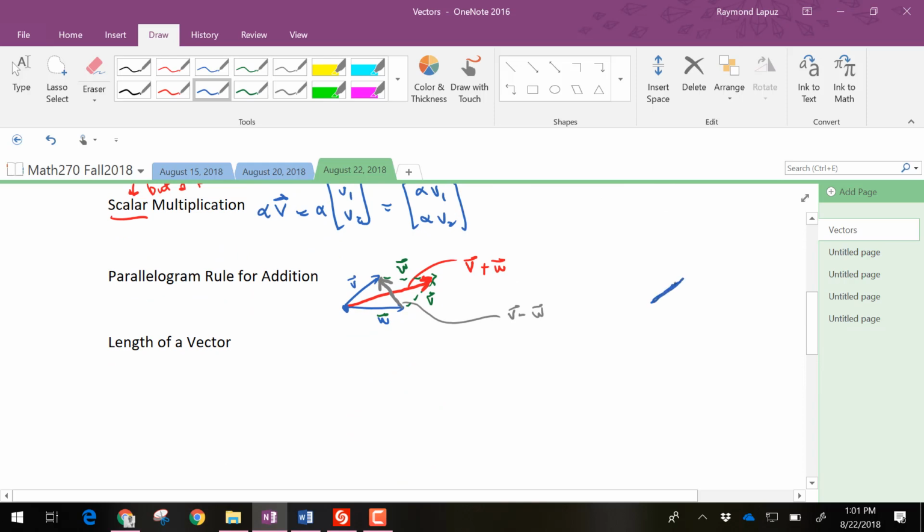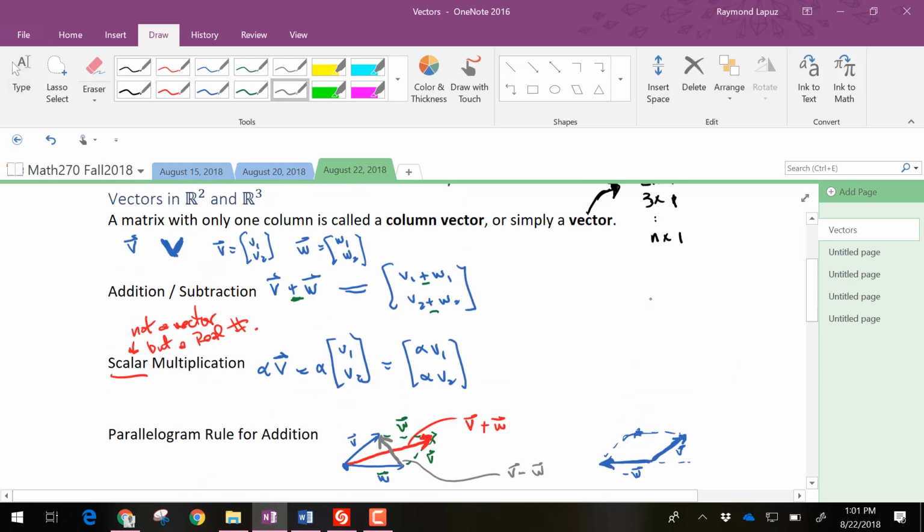So let's see if I could do this. V, and then instead of W going this way, I'll put the W over here. So V, and then this is negative W. So it got scaled to go the other direction. And now the parallelogram would be going this way.